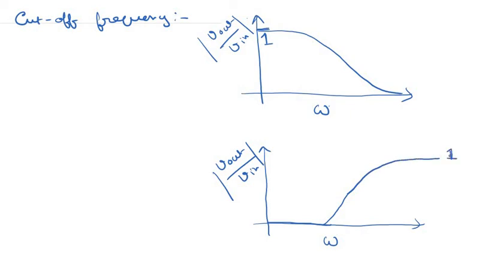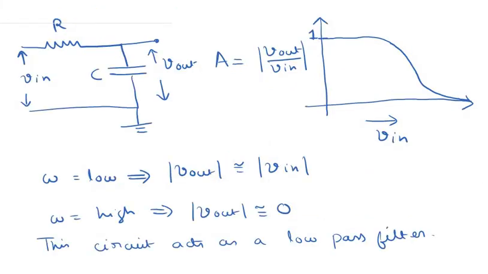So I think I have also made a mistake in the previous graph. In this graph over here, in which I showed the characteristics of a low pass filter, the x axis is actually the frequency axis, it's not the input voltage axis, because when the frequency is low, mod of V out by V in is 1. When the frequency is high, then the mod of V out by V in is approximately 0.